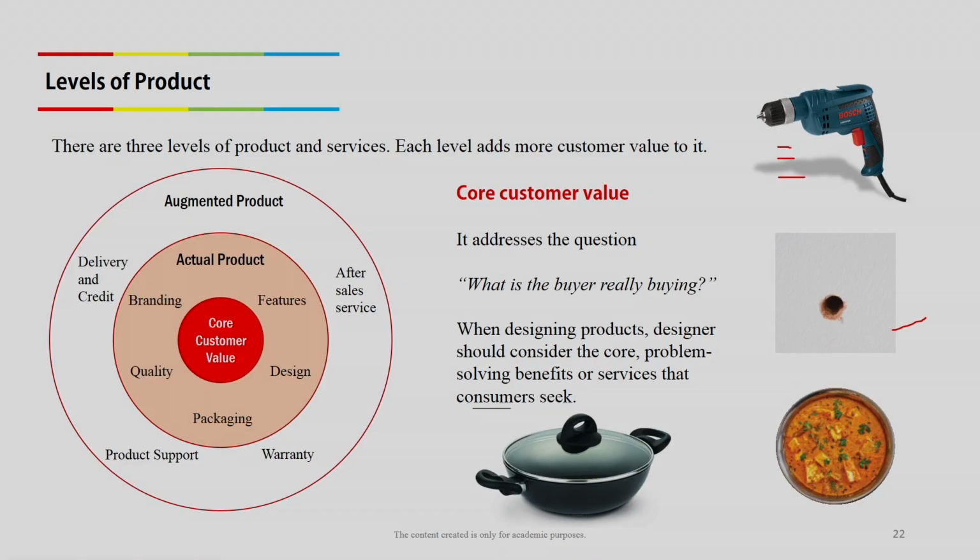So, another thing is delivery and credit. If the price is high, then is there any credit option, and how it would be delivered at your house, that is also considered in the augmented level.